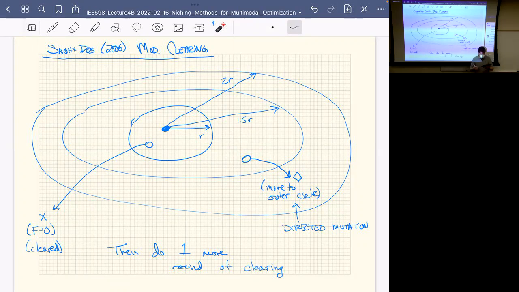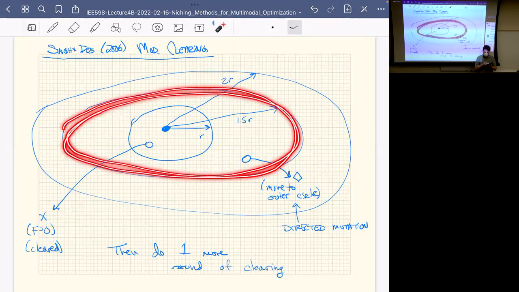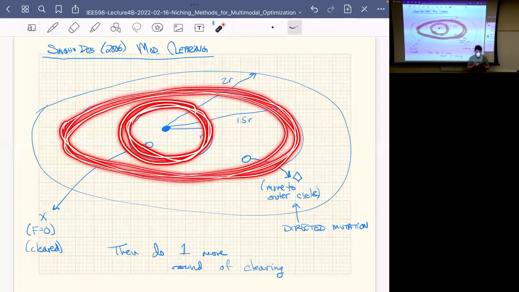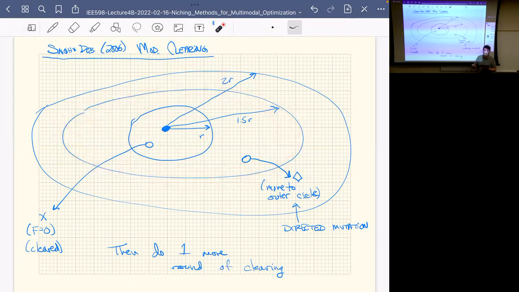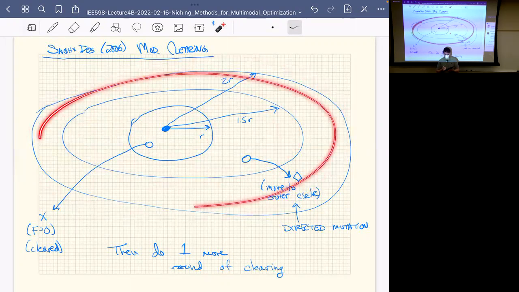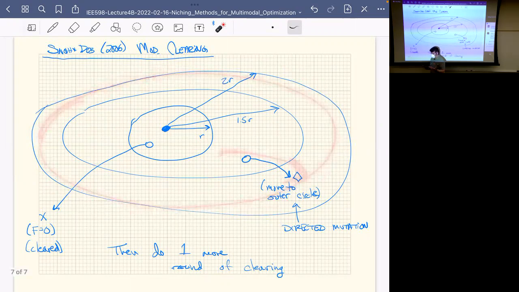So their thought is, rather than defining a big clearing radius, which is the standard approach, and throwing everything away in that radius, let's define a smaller clearing radius, throw everything away there, and anybody in this outside area, just move them a little farther away. Maybe it's wasteful to throw away a ton of solutions inside a clearing radius when the ones on the periphery could just be moved out.